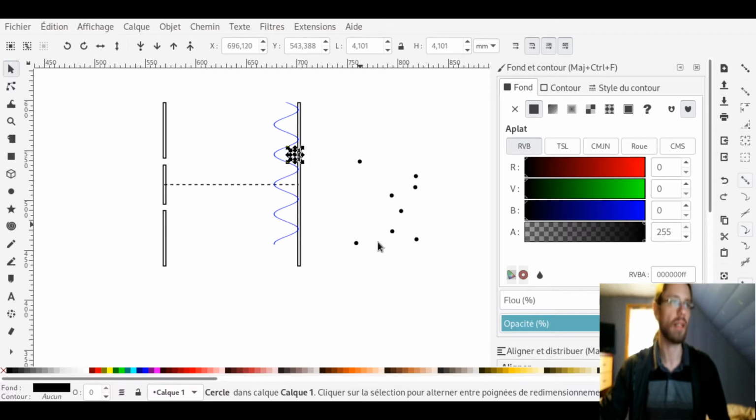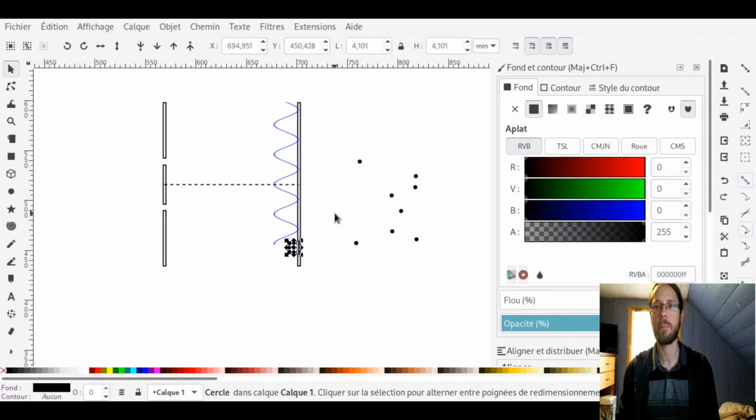I could do it also, and instead get an electron over here. I could do it another time, get an electron over here. I cannot predict where a single electron will end up. But what we do know is the probability, depending on where we're looking at the screen, of where the electron will be measured.